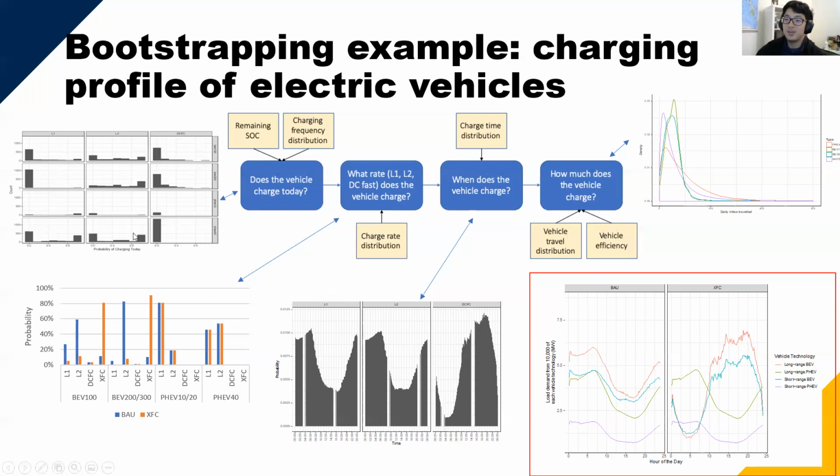We tried to control for that in this case by separating into broader categories: short range and long range battery electric vehicles, and short range and long range plug-in hybrids. So we didn't distinguish by specific models and makes, but we did break out differences in broader categories of electric vehicles.